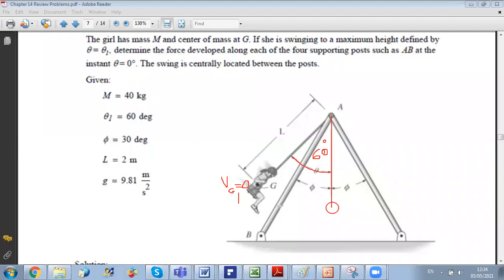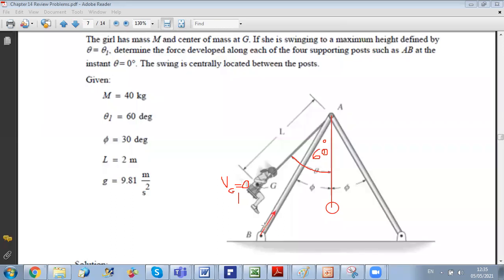What do we mean by two-force member? When we neglect the mass of a certain rod, and we have only two forces acting on it at A and B, these forces will be along the rod. So this means that the support reaction here will be along AB.